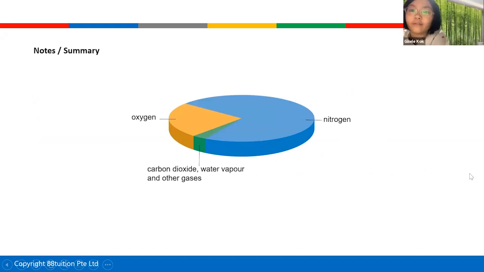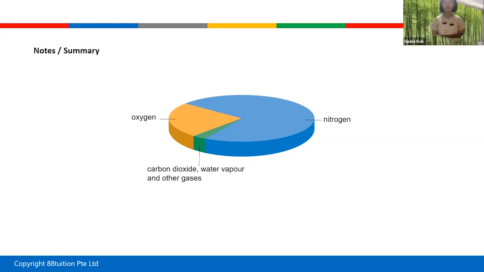So look at this. In your textbook, you would have seen similar, correct? And you know that nitrogen actually takes up a very high percentage. Are you able to find the percentage for me? Maybe at your level, do you all know percentage yet? How many of you learned percentage already?